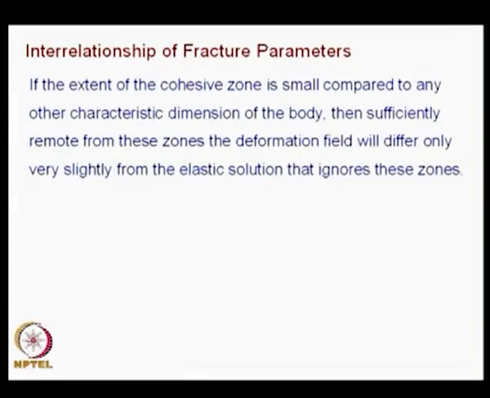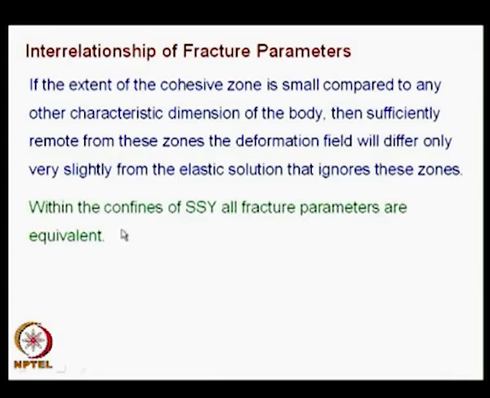And in summary, what you find is, if the extent of the cohesive zone is small compared to any other characteristic dimension of the body, then sufficiently remote from these zones, the deformation field will differ only very slightly from the elastic solution that ignores these zones. So, you find within the confines of small scale yielding, all fracture parameters are equivalent.